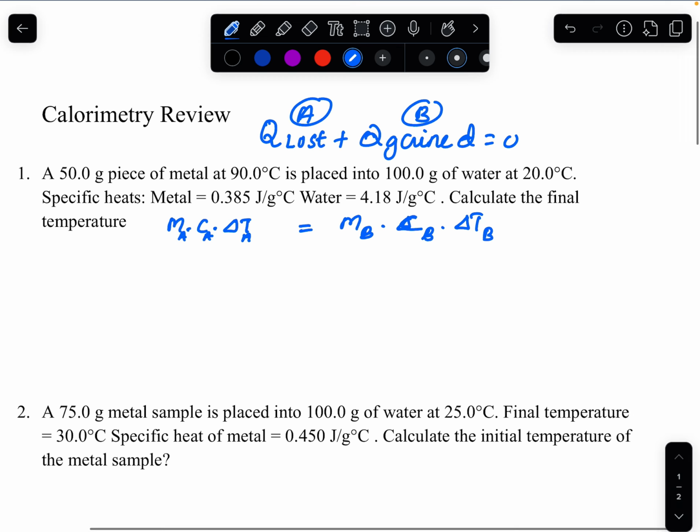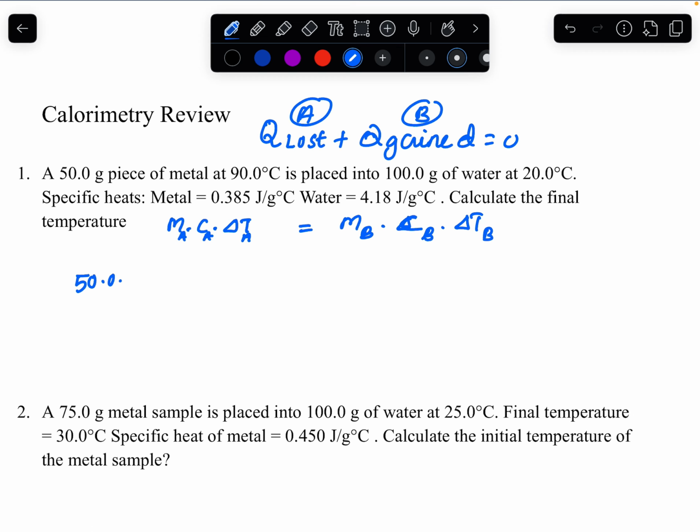We are going to write 50.0 times 0.385 joule per gram degree Celsius times delta T. We know the initial temperature of the metal is 90, but we don't know the final, so we are going to write Tf minus 90.0 degrees Celsius.